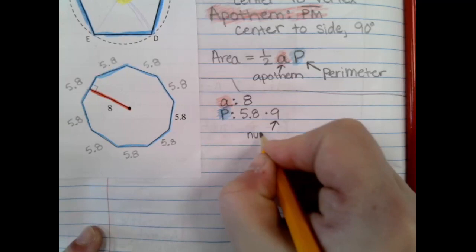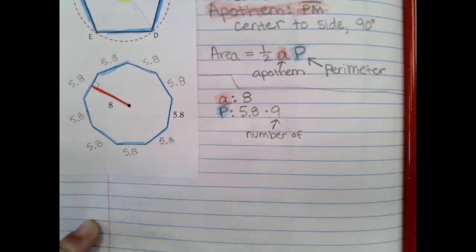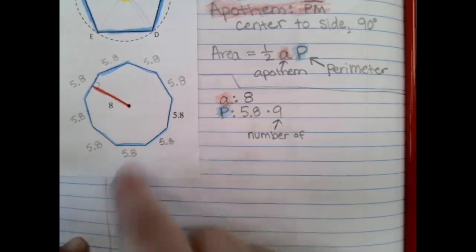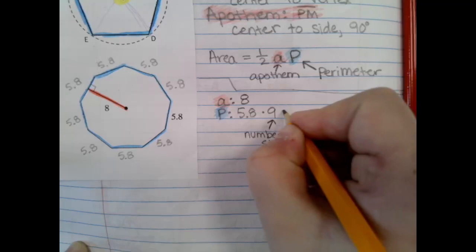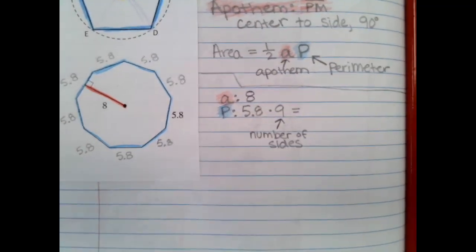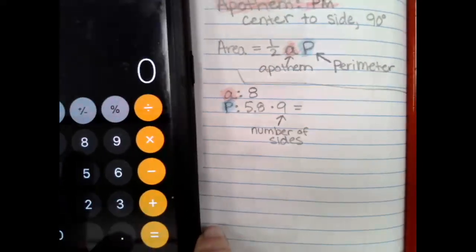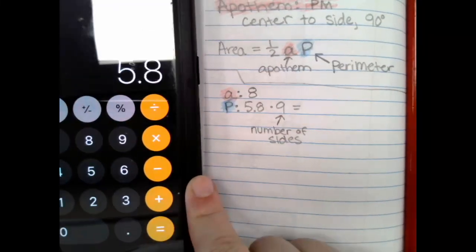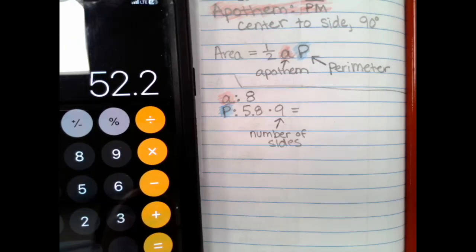So I'm going to make a little note here because, again, when we look back at our notes, we're not always going to multiply by 9 in this shape. We multiply by 9 because that's our number of sides. All right, so 5.8 times 9, you get 52.2.